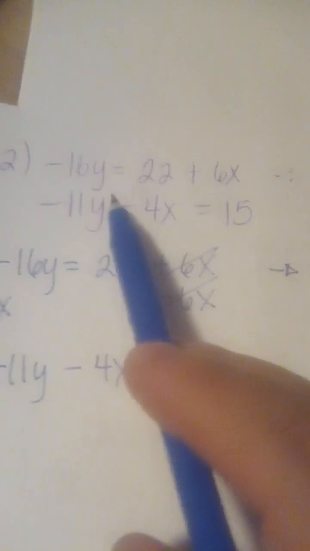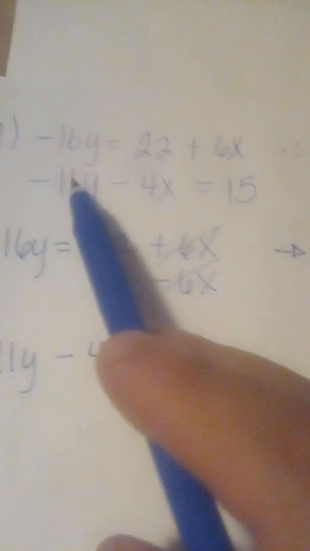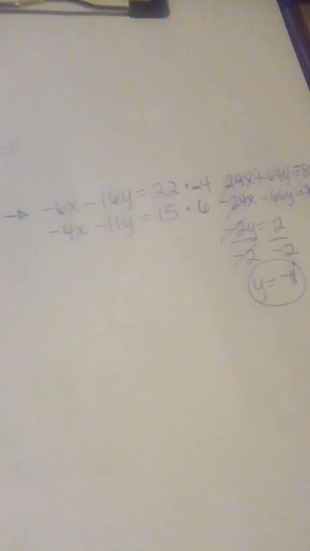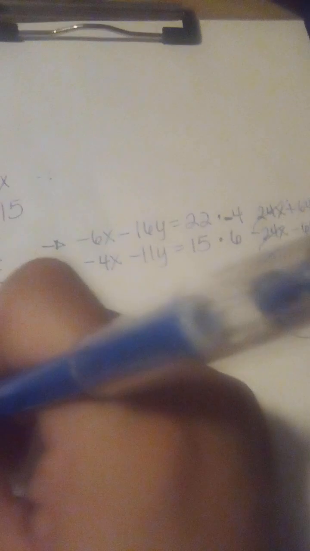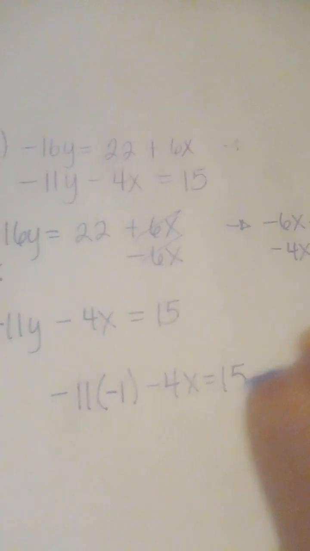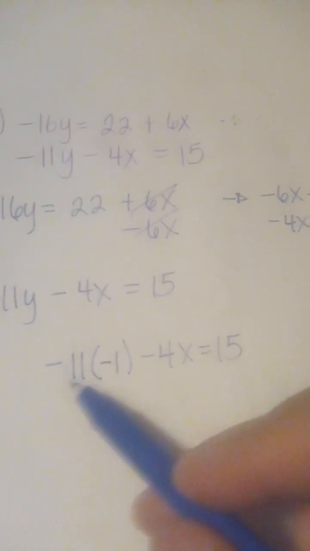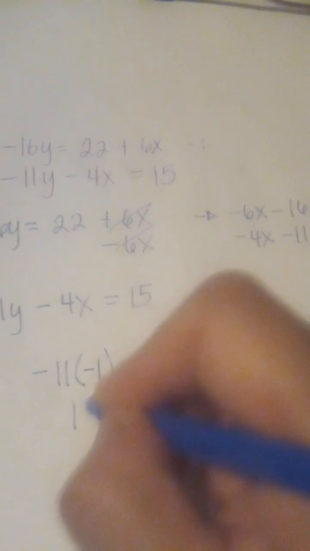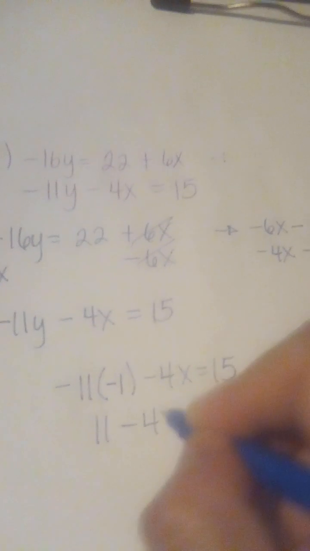Now we can use this to substitute into the original equations. I'm going to use the second one: negative 11y, where y is negative 1, then minus 4x equals 15. This turns into a positive 11. Then we do the rest of the work.